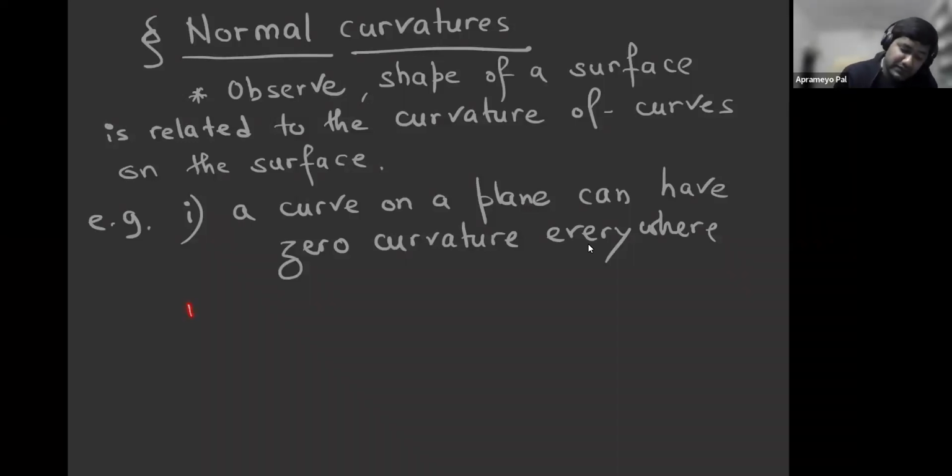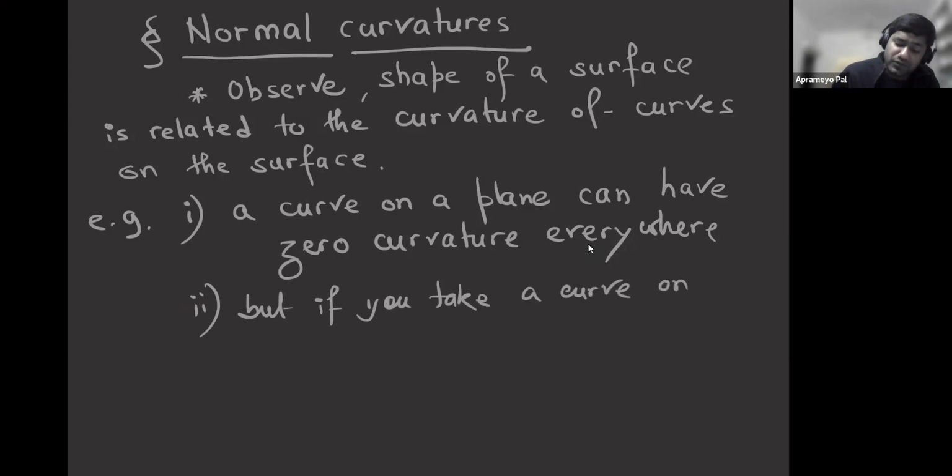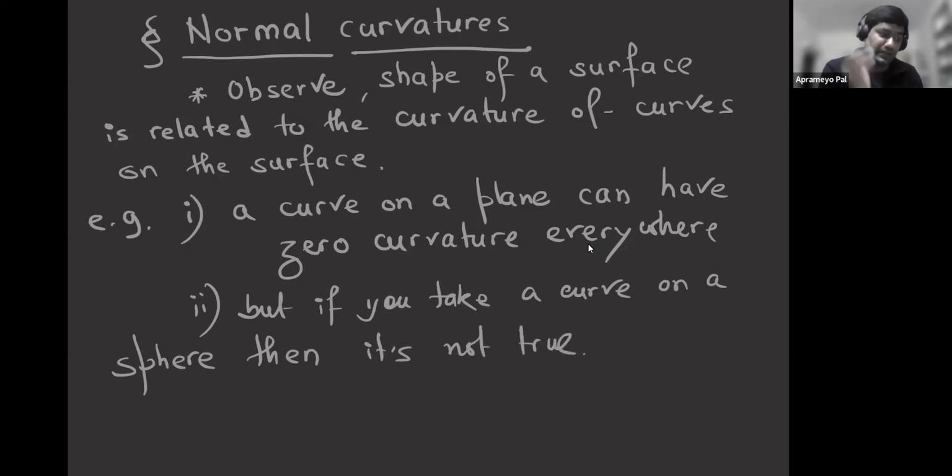Whereas if you take a curve on a sphere, then it's not true, right? Because there can't be any segment of a line on a sphere. So if you consider a curve on a sphere, then it can't have zero curvature everywhere.